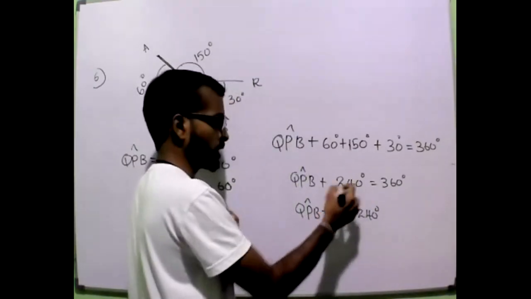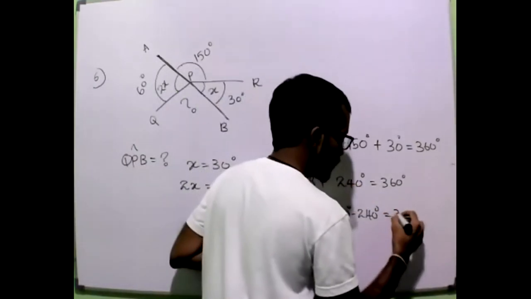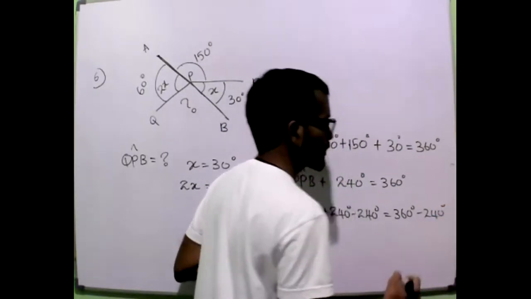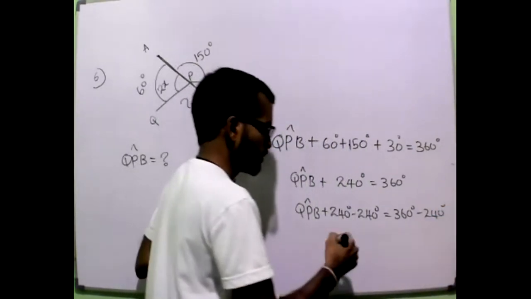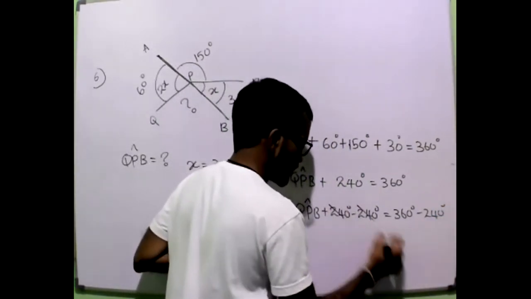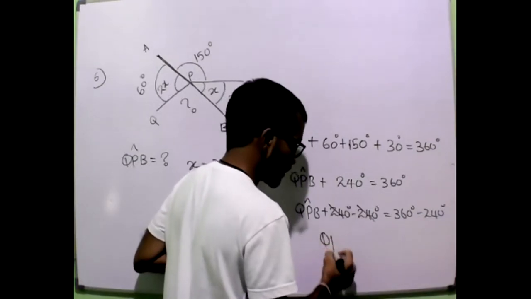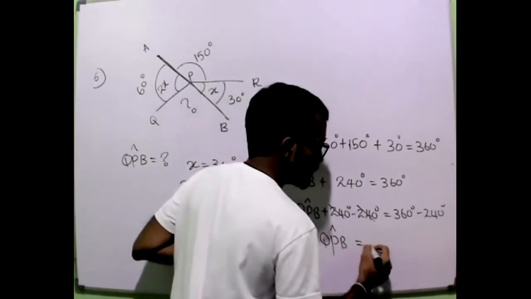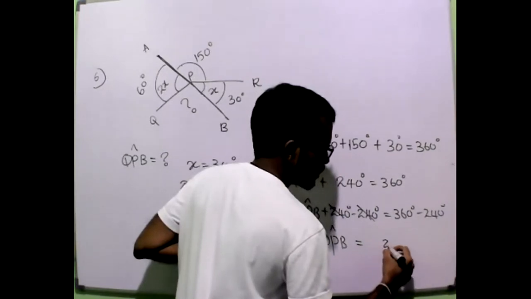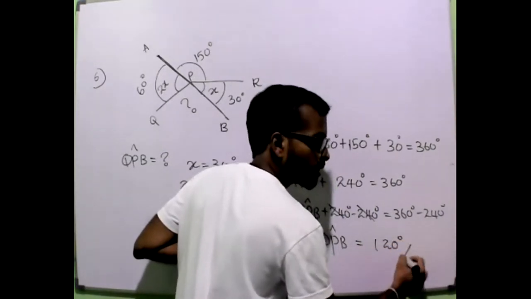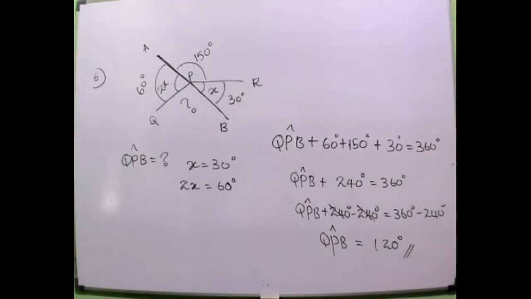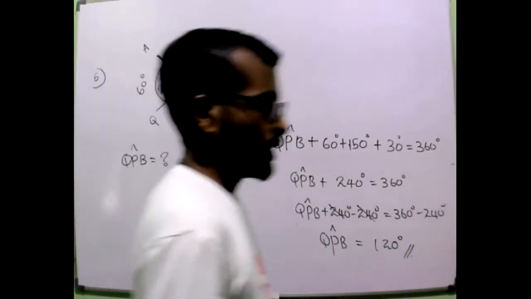You have to get rid of this 240, so I have to subtract 240 from both sides. Cancel out, cancel out. So now you can find the value of QPB, which is equal to 120 degrees. This is how we are going to find that.